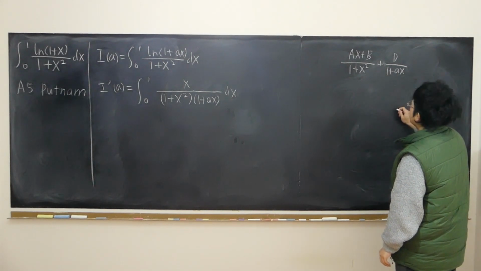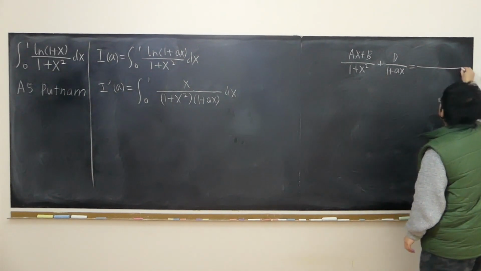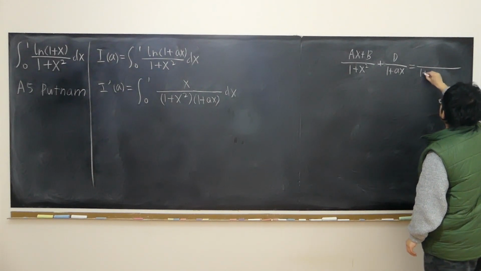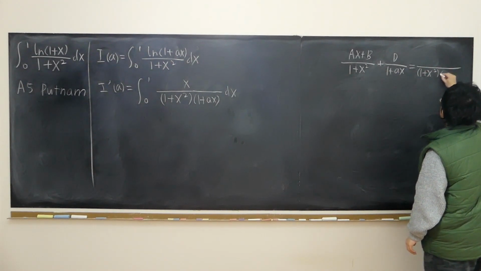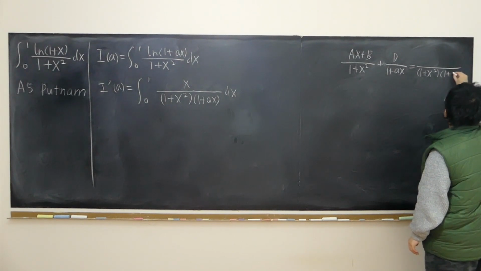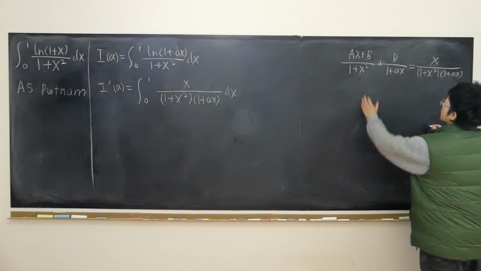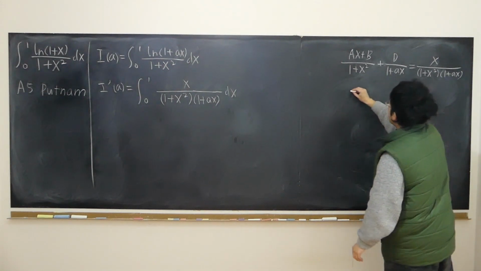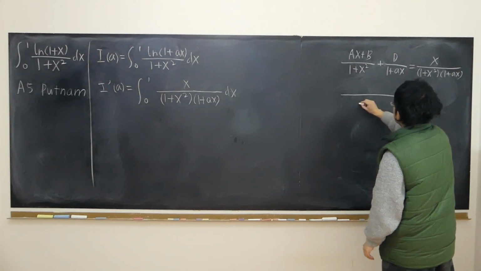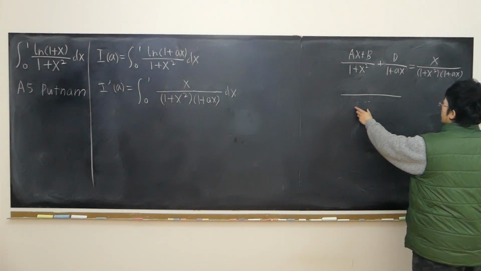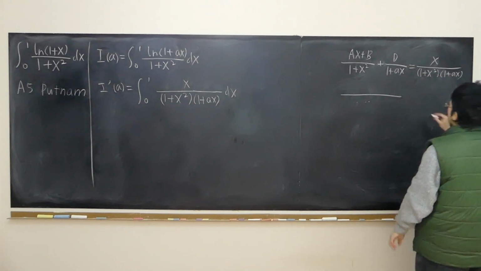And that is equal to 1 plus x squared times 1 plus ax, x. All right, so we just combine those two. Let me just use 3 dots to represent the bottom.